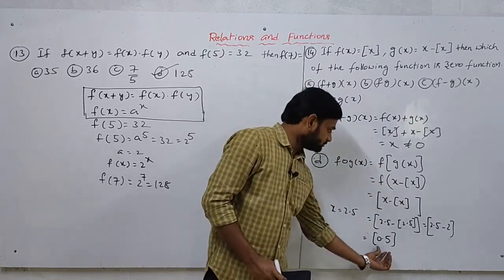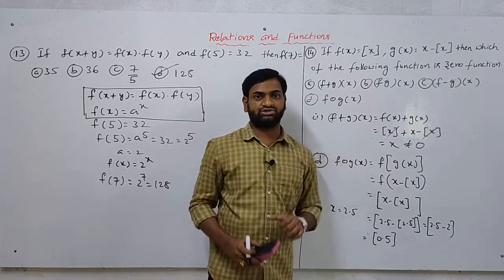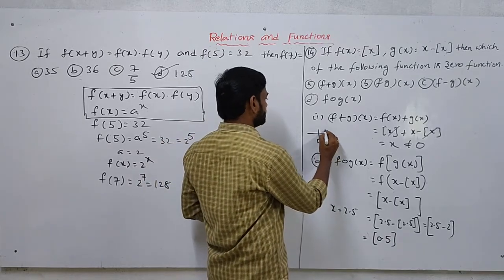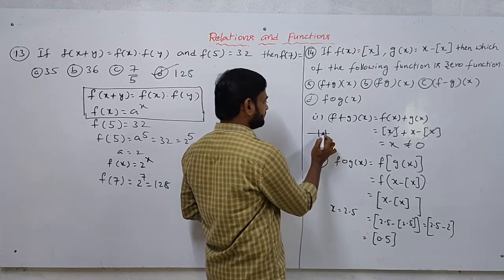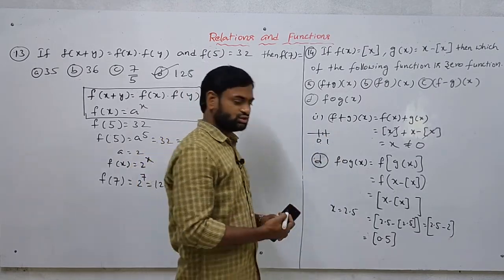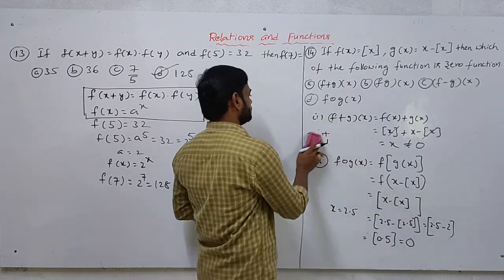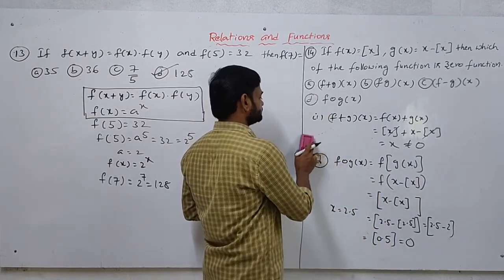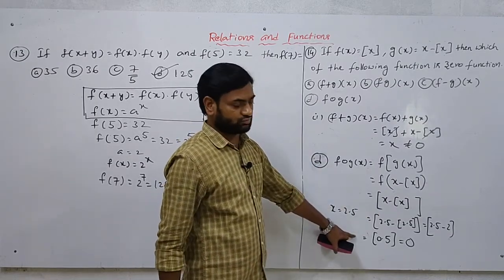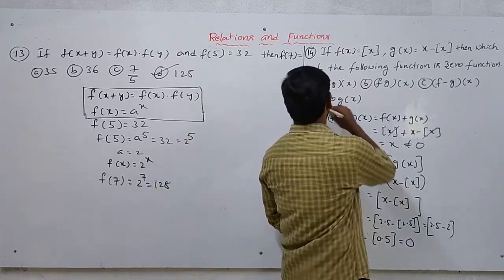Again, step of 0.5. 0.5 is between 0 and 1. In 0 and 1, the least value is 0. So step of 0.5 is 0. So you got the answer 0. So this is the 0 function. Which one? f circle g of x is the 0 function. The answer is D.